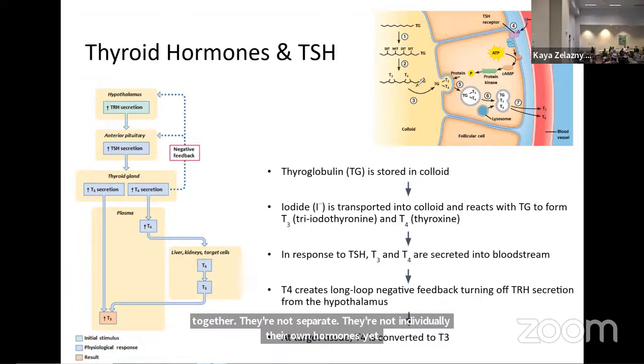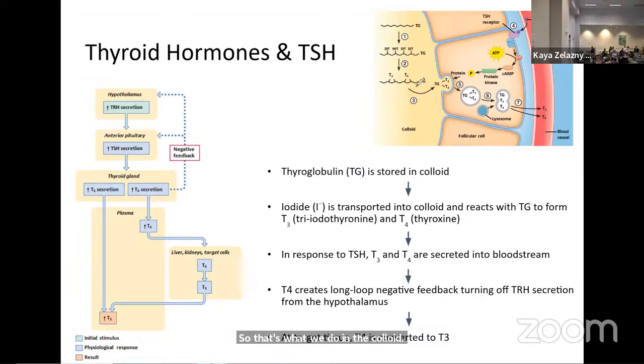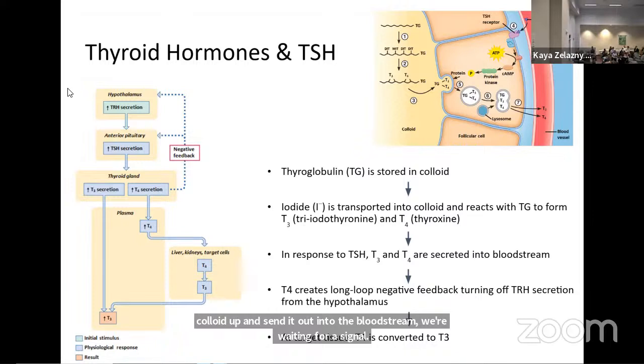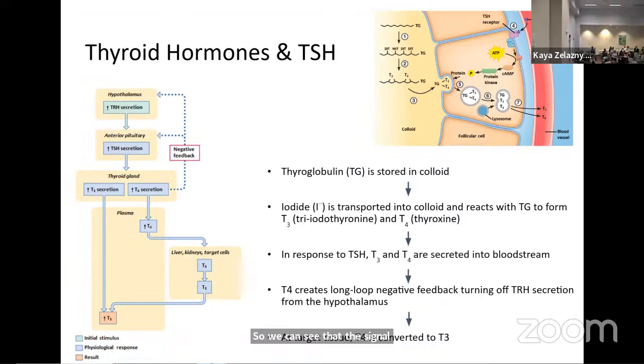Now, if we're going to release thyroid hormone, that means we need a signal. Before we actually break all that stuff in the colloid up and send it out into the bloodstream, we're waiting for a signal. The signal has to come from outside the thyroid gland. Here is our thyroid stimulating hormone coming from the anterior pituitary.